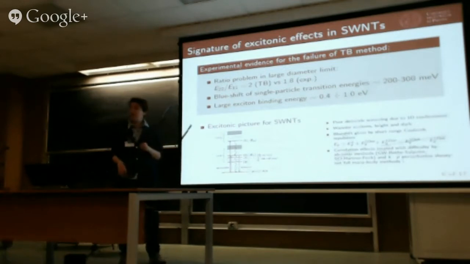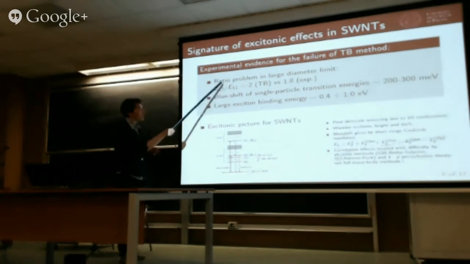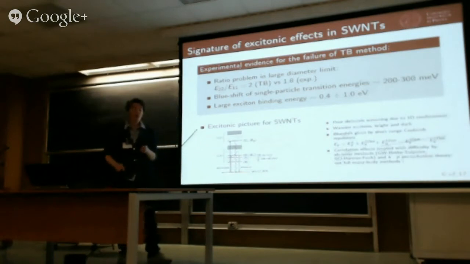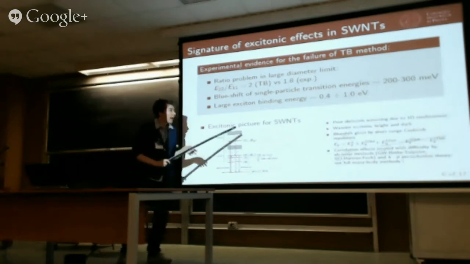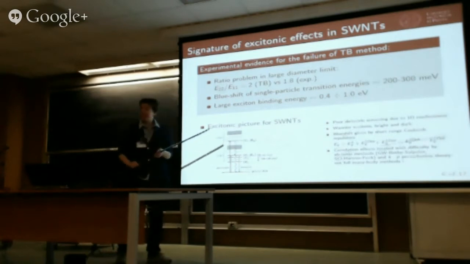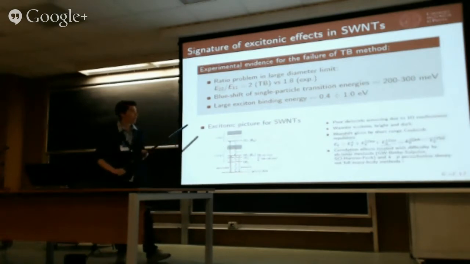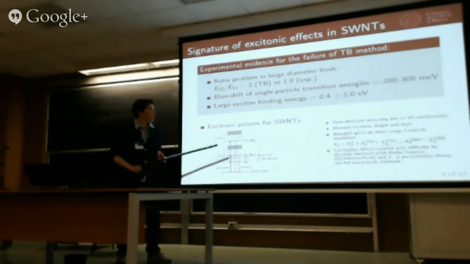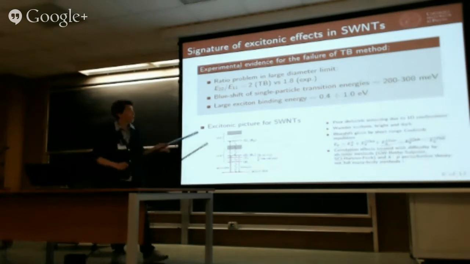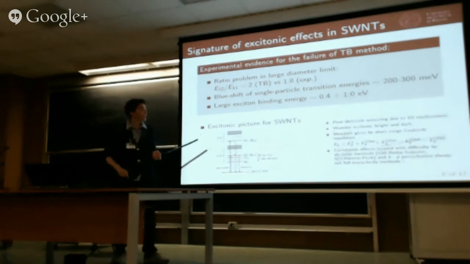However, around 2004, there were several experimental findings related to the presence of strongly bound electron-hole excitations in carbon nanotubes, because the low dimensionality of these systems enhances the Coulomb interactions. So it was clear that this pointed to the need to go beyond the single particle approximation in the calculation of the electronic spectra of these systems.